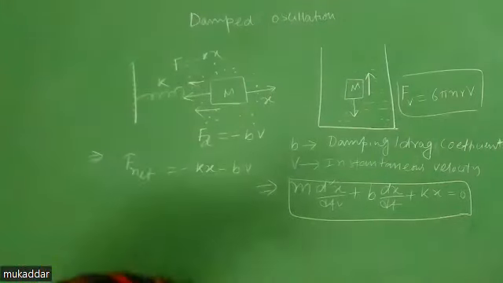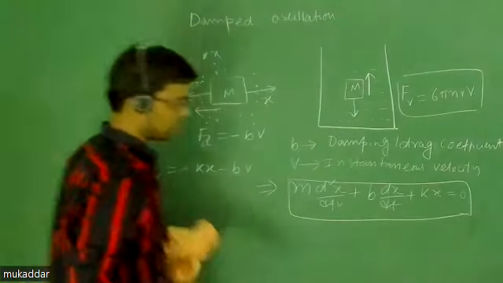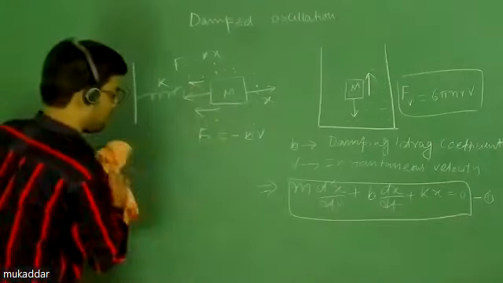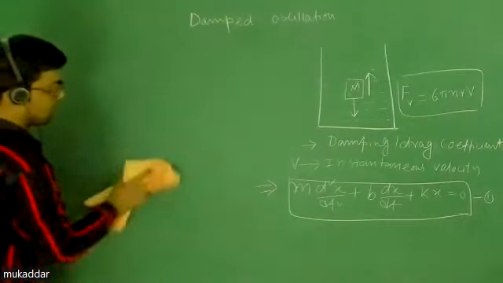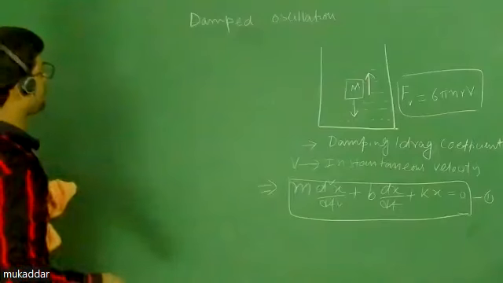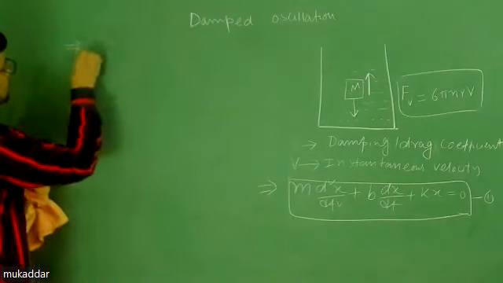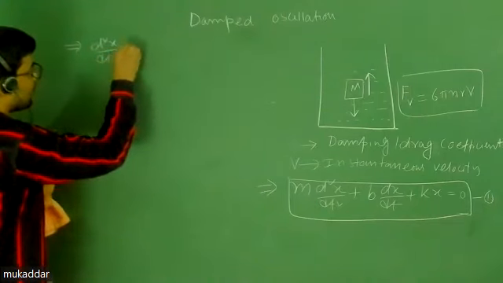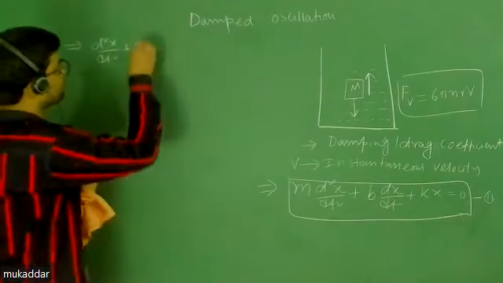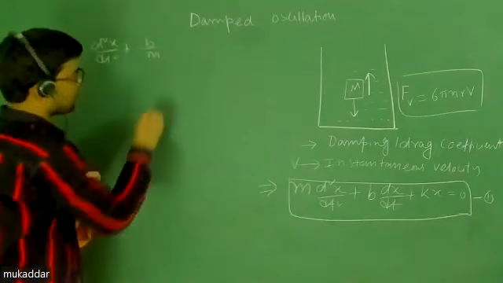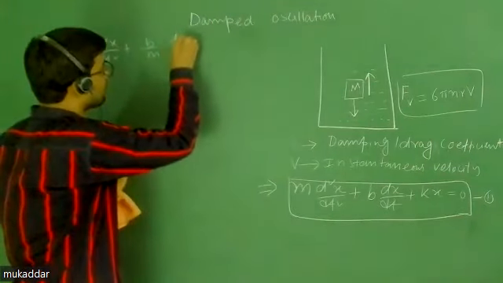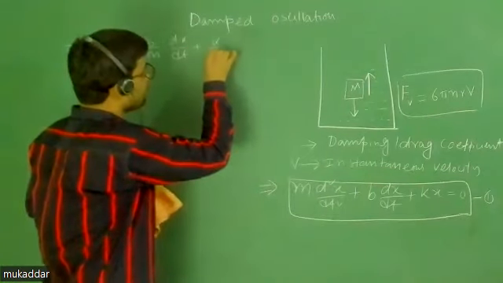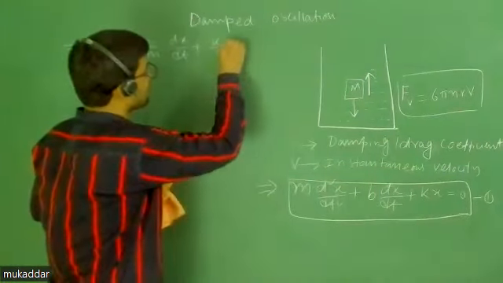Okay. Now, let us assume this is your equation number 1. If you divide by mass, then what will happen? You will have d square x by dt square, and then b by m dx by dt, and then you have k by m x equals 0.